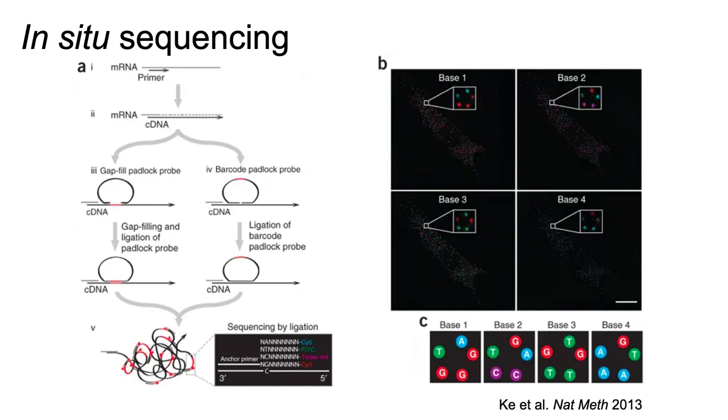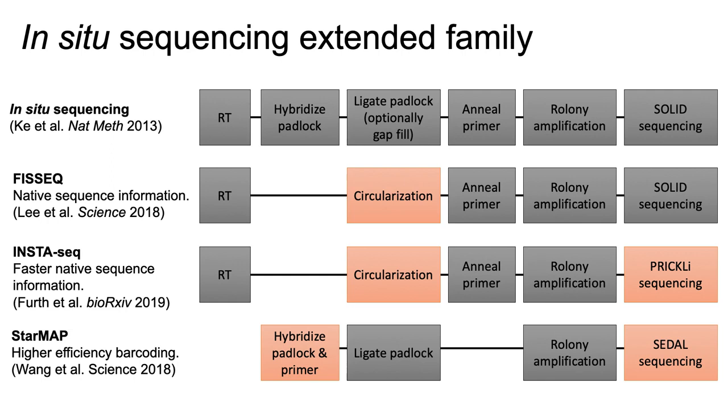So I'm going to briefly highlight 4 derivatives of this technique. There's the original in situ sequencing and the protocol all the way through. There was a follow-up the year later from George. This year is wrong. That should be 2015. From George Church's lab, which instead of using padlocks, tried to circularize the entire mRNA cDNA, allowing you to read out the full sequence.